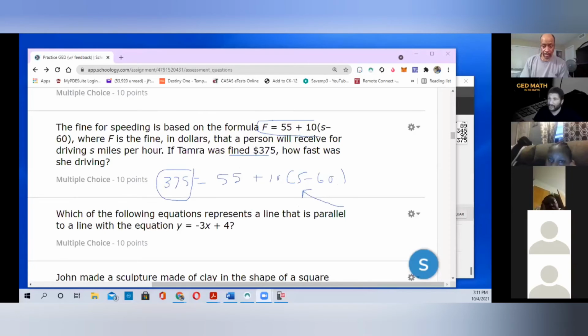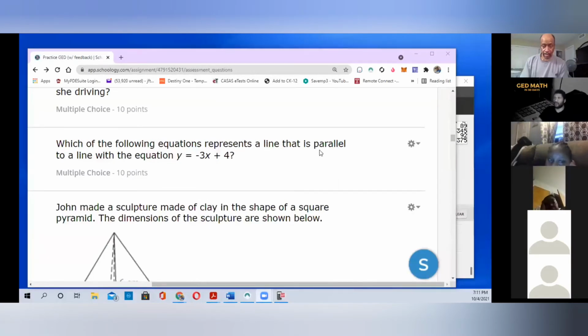Okay, watch this. Let's do the last two, and then we're gonna call it a night. Which of the following functions represents a line that is parallel to a line with the equation y equals 3x minus 4? So I'm gonna make the multiple choice up.